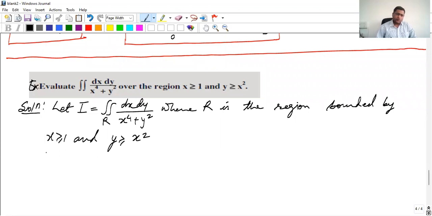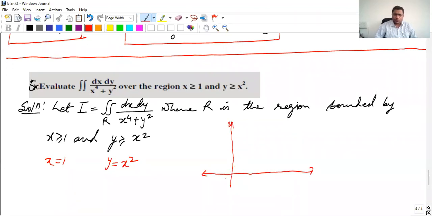So first of all, we have to find the boundaries x equal to 1 and y equal to x square. Let us try to find these boundaries.